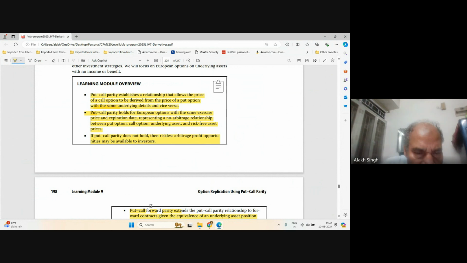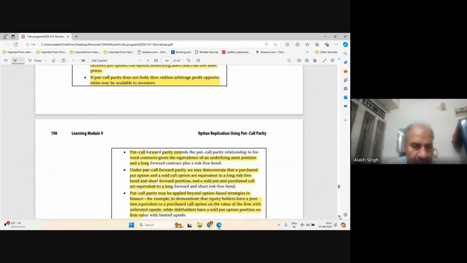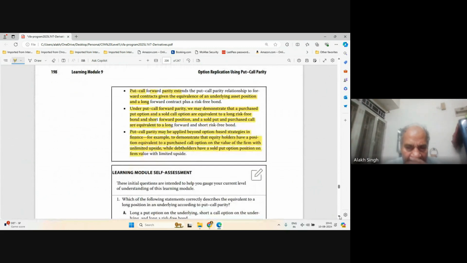We will discuss how that works, and it is not very difficult. Whenever there is no put call parity, the arbitrageurs will buy in the cheaper market and sell in the expensive market. That's what arbitrageurs do.